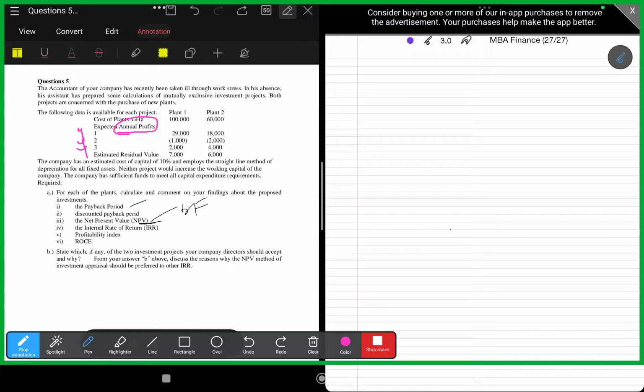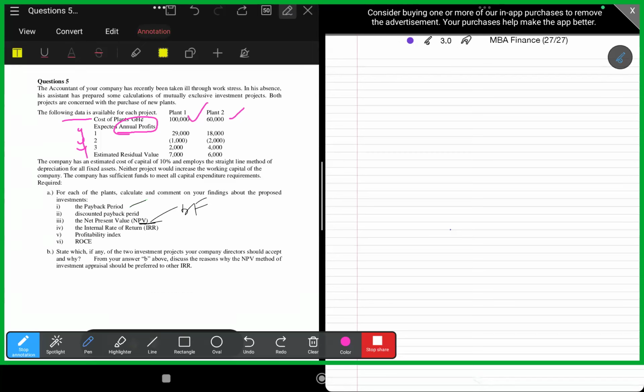The same or similar events apply to plant two, which they will purchase at 60,000. So you could see the cost of plants here: 60,000 for plant two, 100,000 for plant one. Then plant two is 18,000, plant two is 2,000, plant three is 4,000 profits.